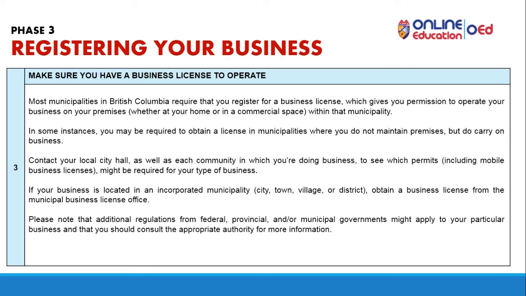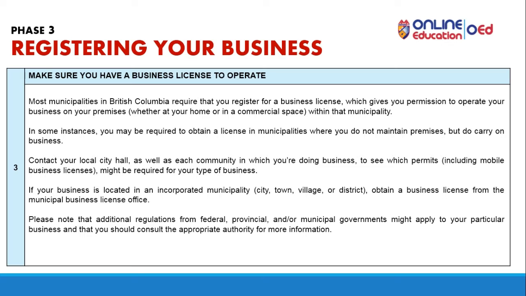In some instances, you may be required to obtain a license in municipalities where you do not maintain premises but do carry on business. Contact your local city hall as well as each community in which you're doing business to see which permits, including mobile business licenses, might be required for your type of business.